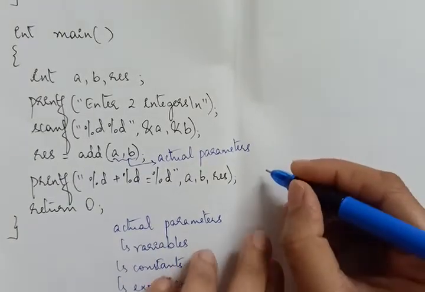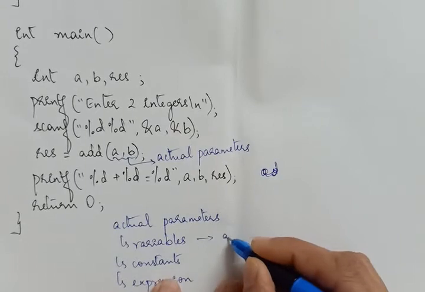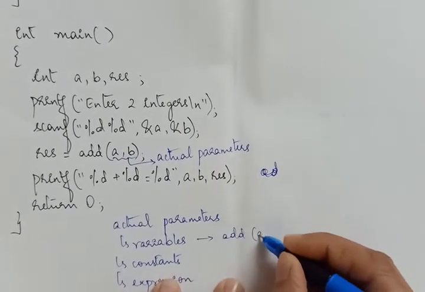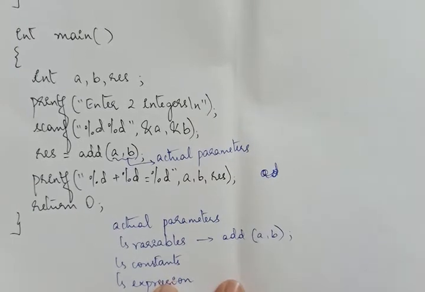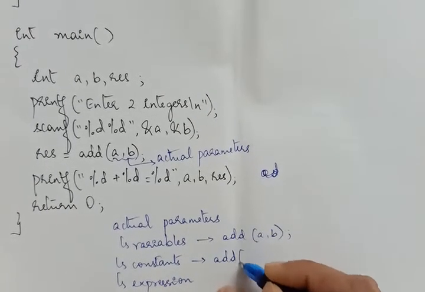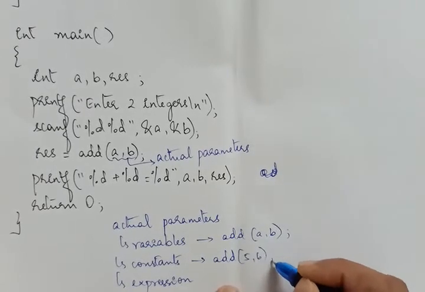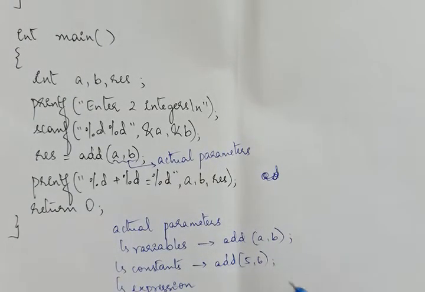So you can have add a comma b, let me write here, is what you're passing, right? So this is 1. Next you can add 5 comma 6, that is for static addition. That is for dynamically what is stored in a and b.